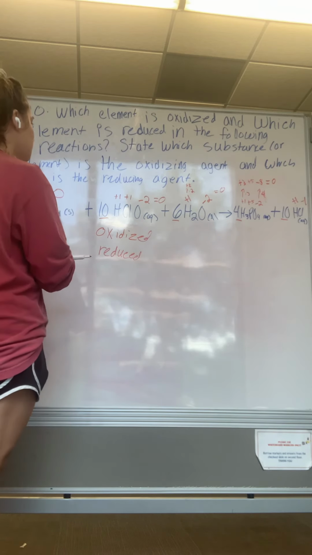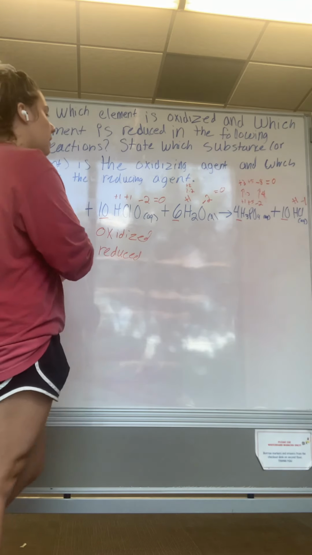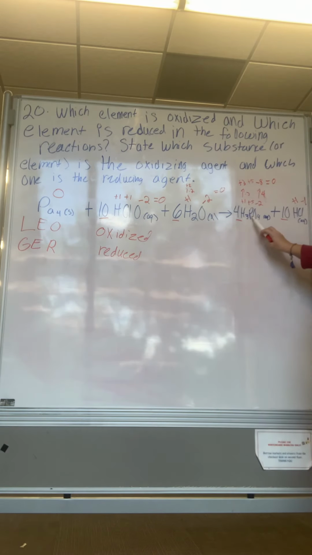P4 initially had an oxidation number of 0, and then over here P has a value of +5.